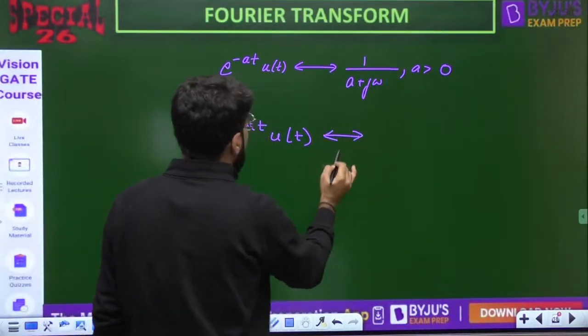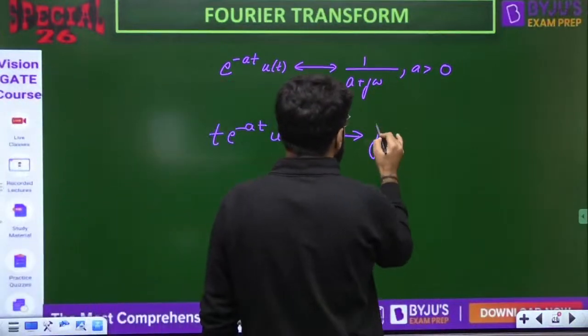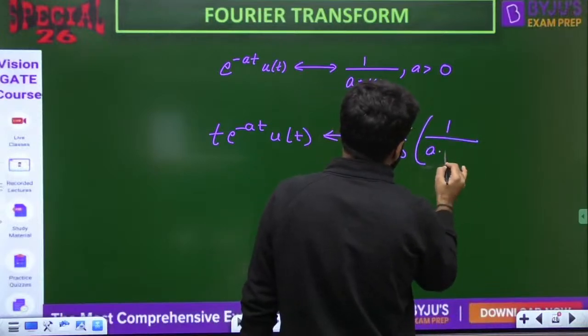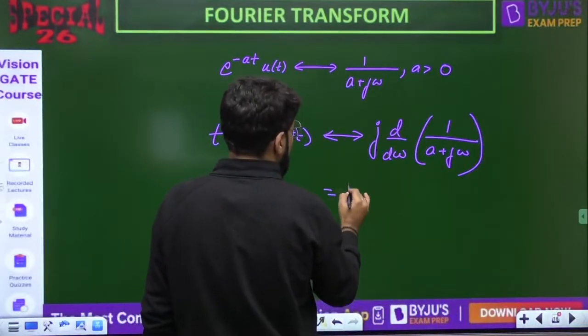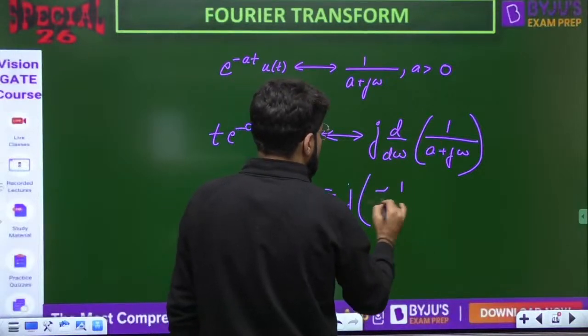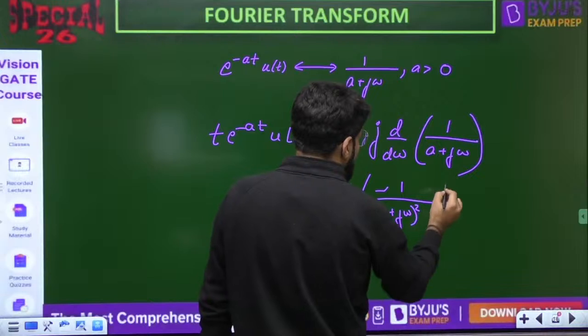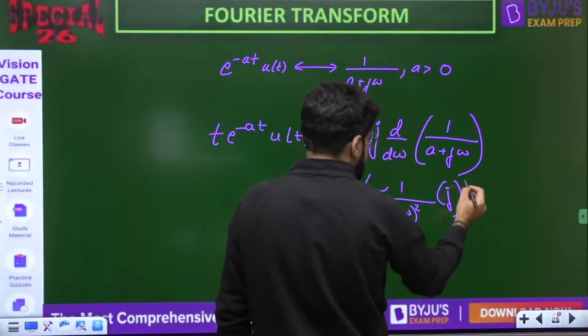T into xt, frequency differentiation, is given by j d by d omega of x omega. So differentiate 1 upon a plus j omega with j d by d omega. Differentiation of 1 upon x is minus 1 by x square. Now we are differentiating with respect to omega, so by chain rule j will come outside.